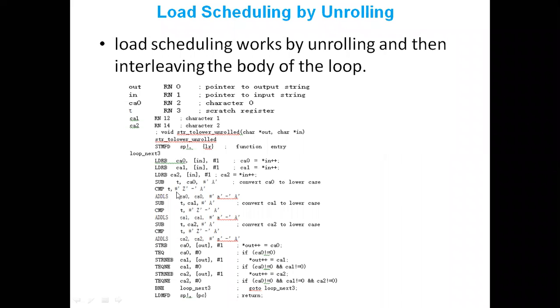That's six, 7, 8, 9, 10, and so on up to 21, plus 3, that is 24. So 24 cycles for 3 characters, because we have converted 3 characters simultaneously: CA0, CA1 and CA2.